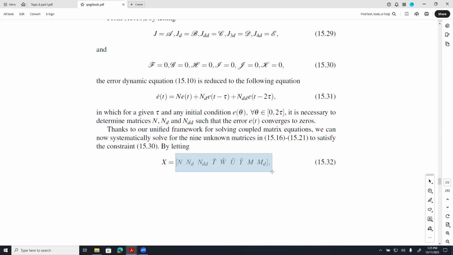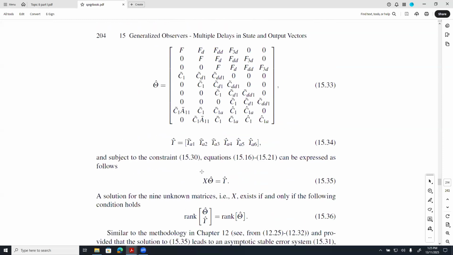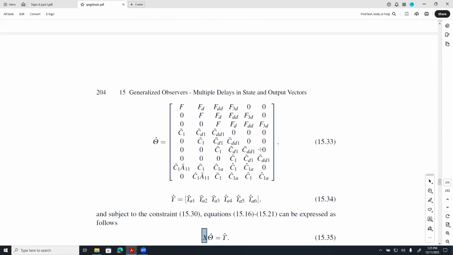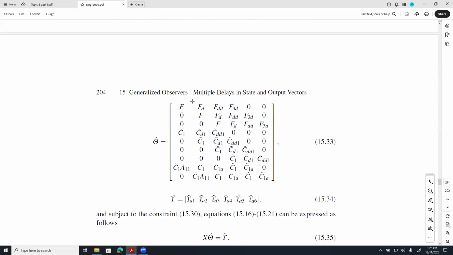And then once we know how to solve for these unknown matrices, in other words, we can obtain the if and only if condition for the existence of a solution, which is basically the solution of a matrix X in here. And when we stack them all together, we look at this big matrix compared to the previous one. Remember, we had something like 4 columns. Now we have 6 column blocks in there.